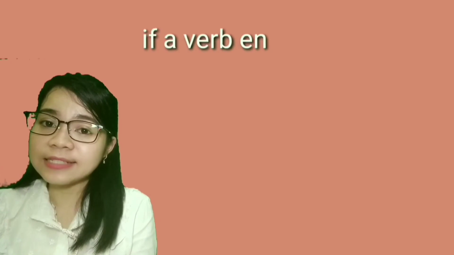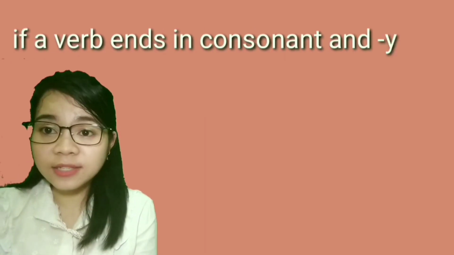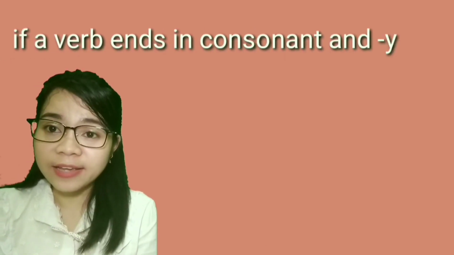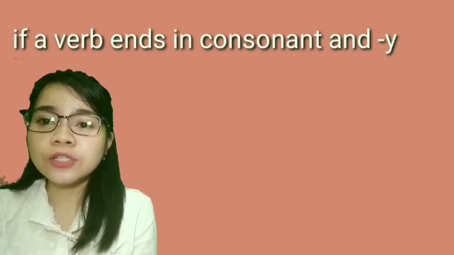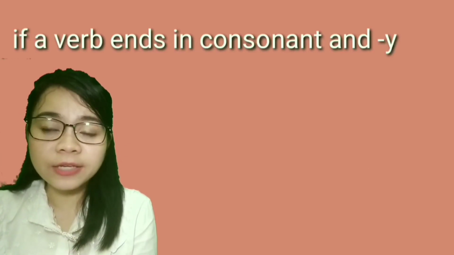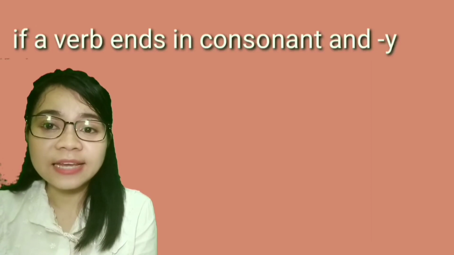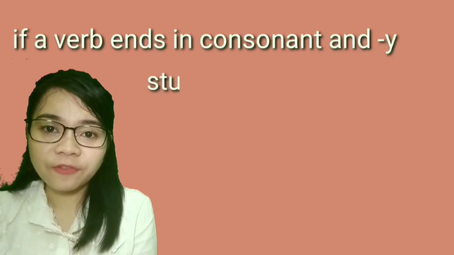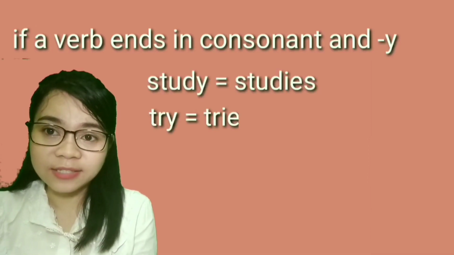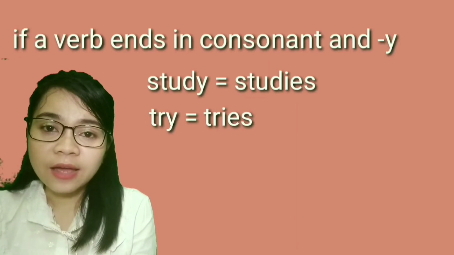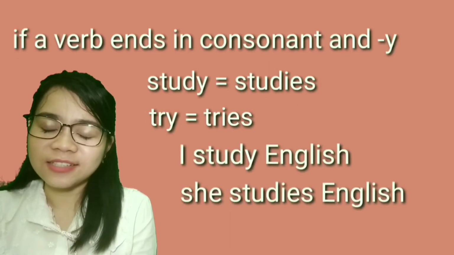The second one, if a verb ends in a consonant and Y, you need to change Y into I and then add ES. For example, study becomes studies. I study English.